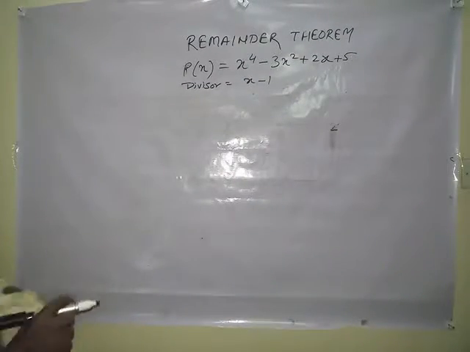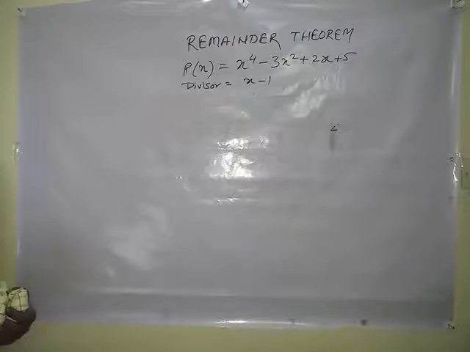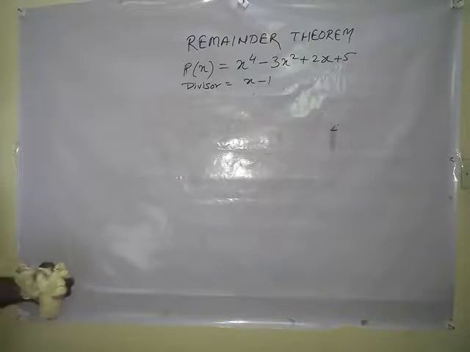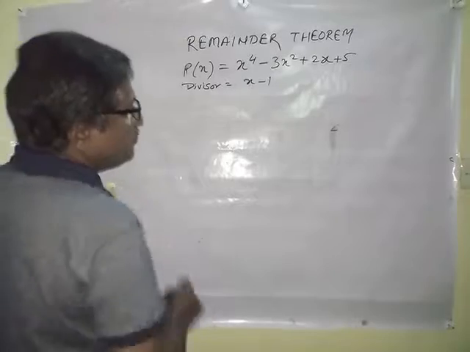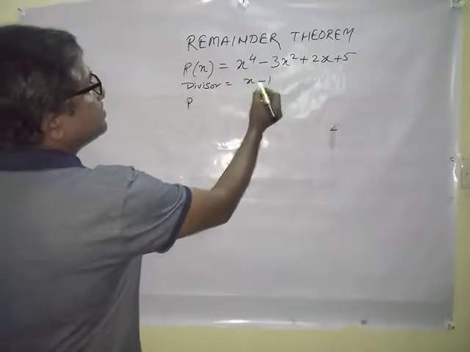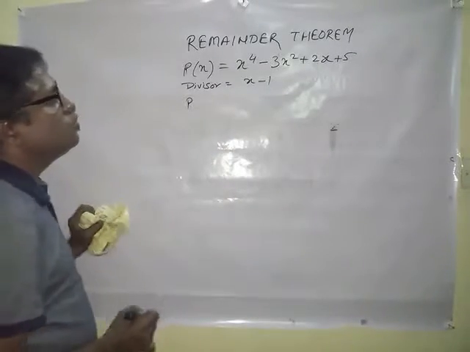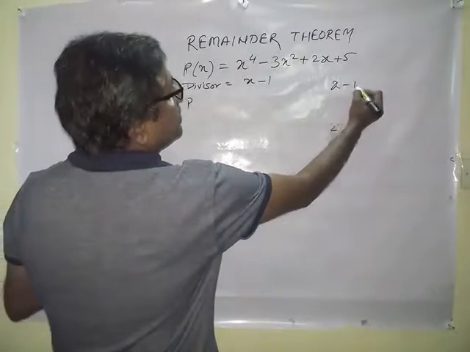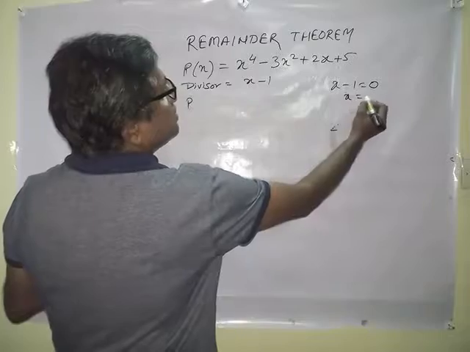You can see here, to find out the remainder, if you place P, equate this divisor to 0. x minus 1 is equal to 0, so x is equal to 1.